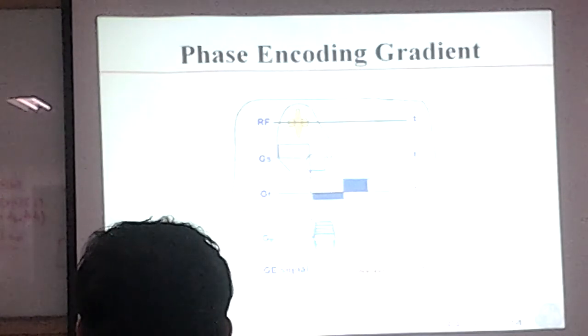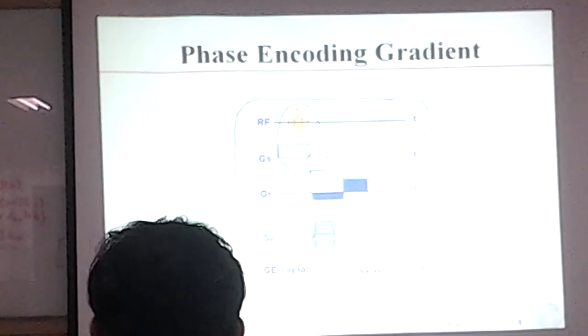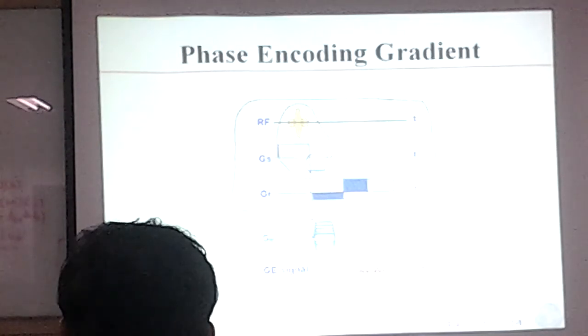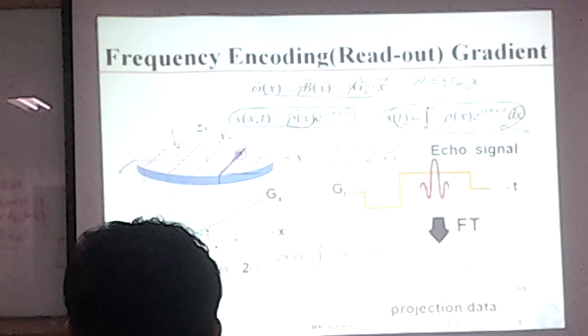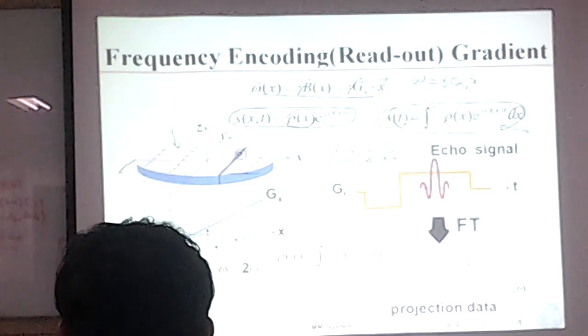The spatial information can be resolved by the remaining axis from the slice selection direction and the readout gradient direction. So from this slide, the remaining direction is the y direction, right?